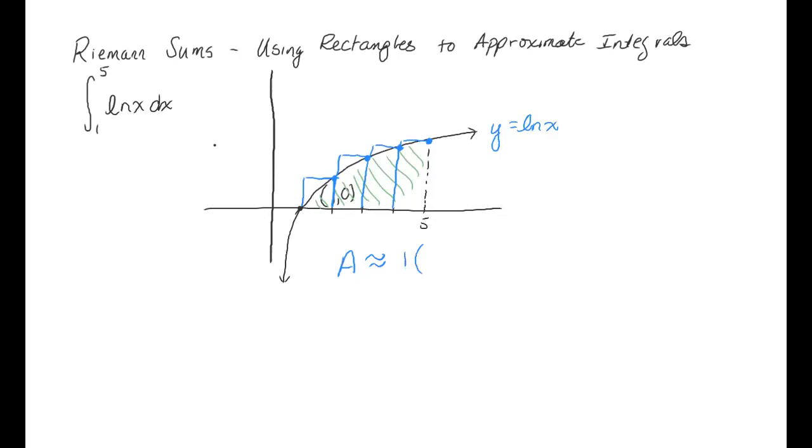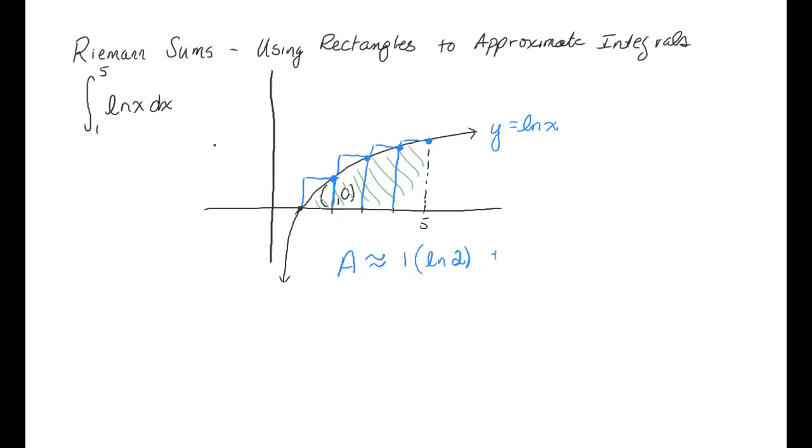And what's the x value for the first rectangle? Sorry, I'm using right-hand endpoints. So, 2. So the height of that rectangle is natural log of 2.